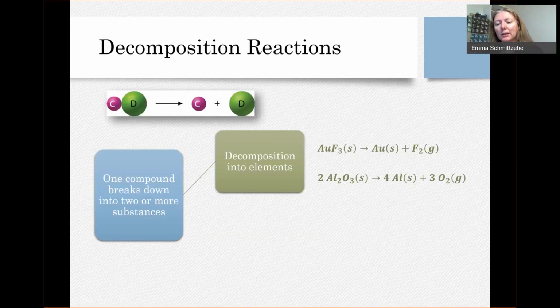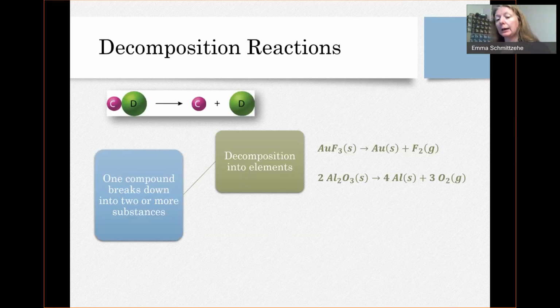Whereas you have your diatomics: hydrogen, nitrogen, oxygen, chlorine, fluorine, bromine, and iodine. All of those should have a subscript of 2 with them, okay? And the phase depends on which one it is. You can always look that up if you don't know, or if it's not told to you already.